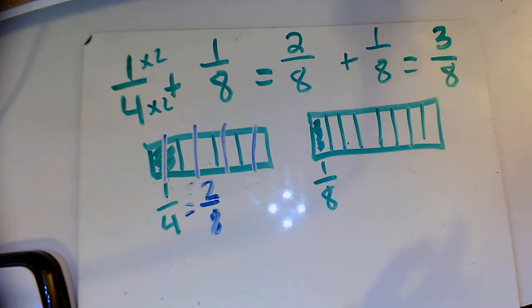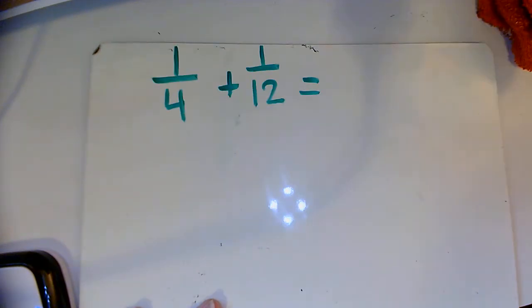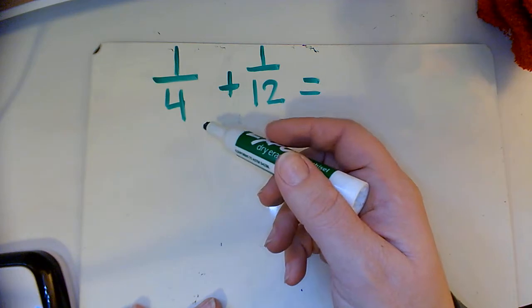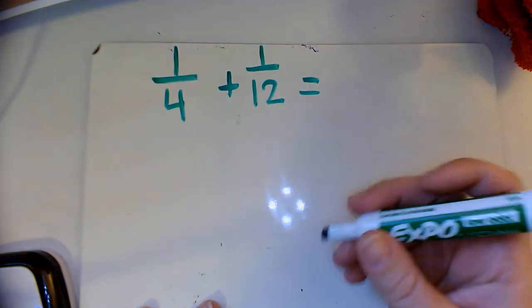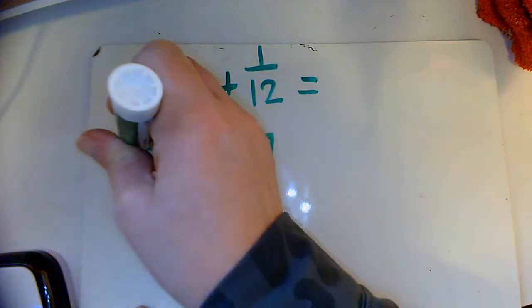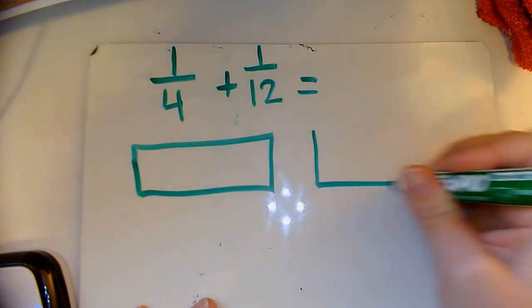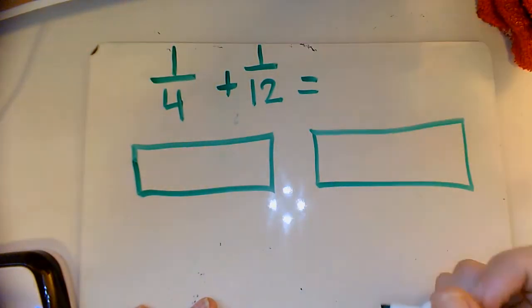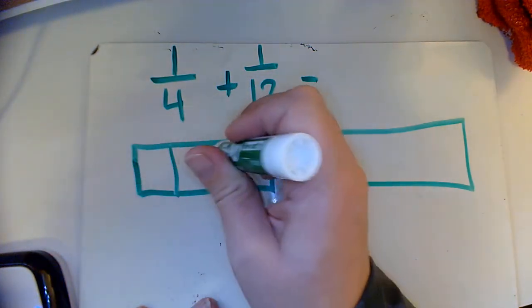All right, let's do another one using that tape diagram model. Our next problem is 1/4 plus 1/12. So this one I'm going to start with the tape diagrams. I'm going to draw 1 for each fraction. So I'm going to represent 1/4 first.